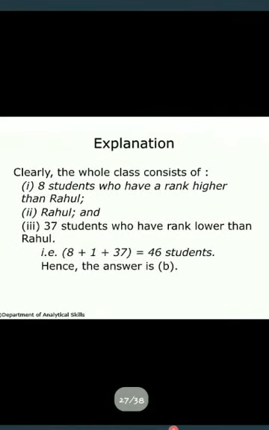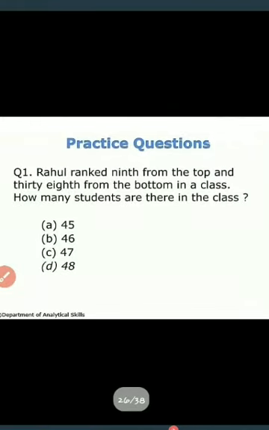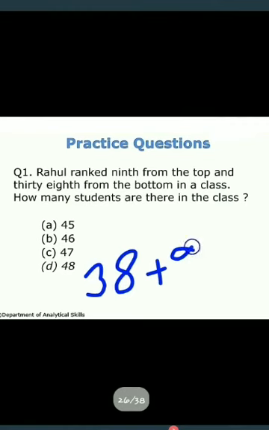Clear? So here we have 38 from the bottom, plus rank from the top 9, minus 1. So the total number of students will be 46, option B. B is your correct answer.